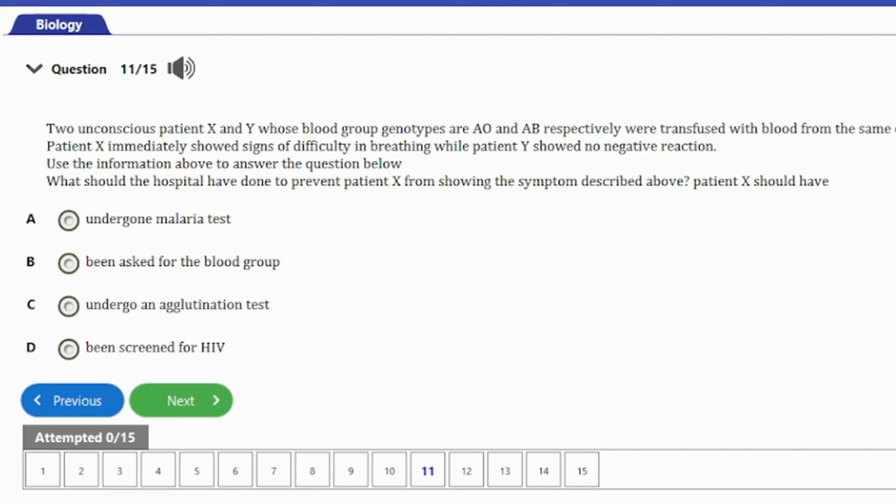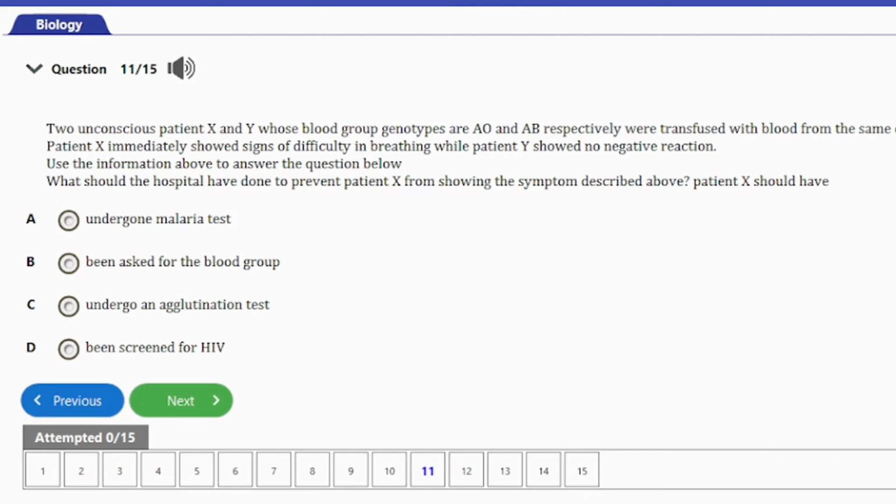So this test helps to determine the blood group by mixing blood with antibodies that cause the blood cells to clump together. So if the antibodies are specific for the individual's blood type, this will actually occur. If that's not the case, then the blood will not clump.